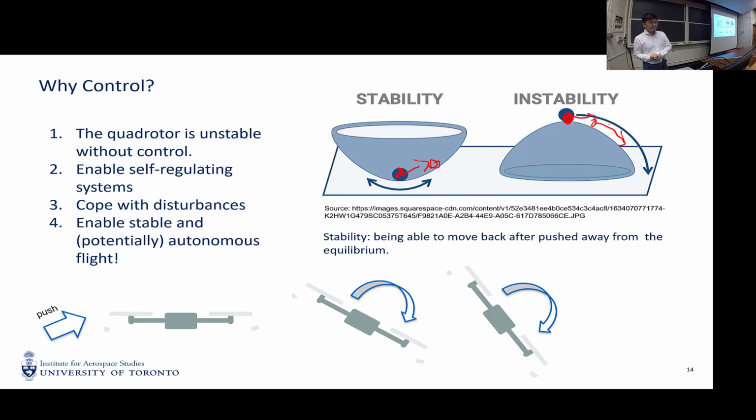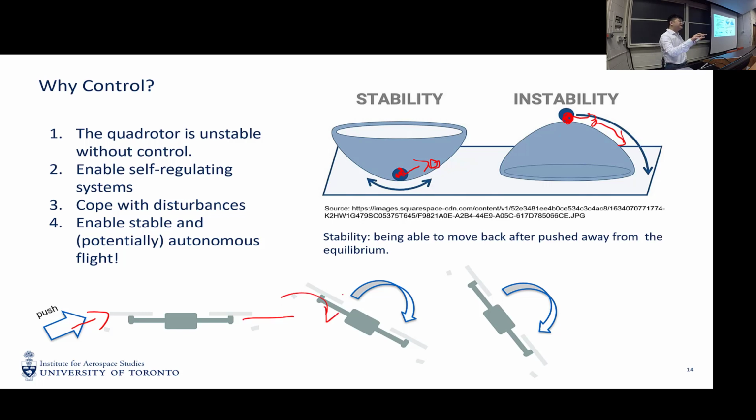So the quadrotor, unfortunately, is an inherently unstable system. So that is the key reason why control is very necessary for such systems. It is very different from the fixed-wing aircraft, where you have a statically stabilized pitch and roll channel. For quadrotors, if there is a tiny push on the system, such as a wind gust or some parameter uncertainty or some vibrations on the frame, then the quadrotor will just keep rotating.